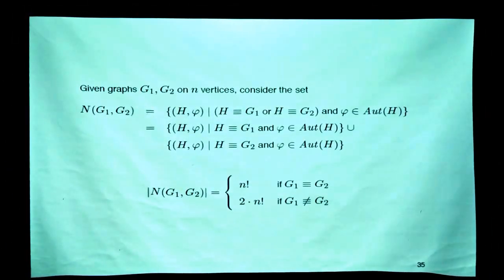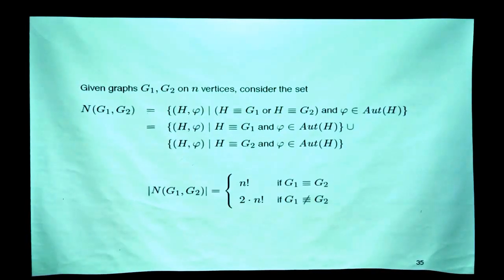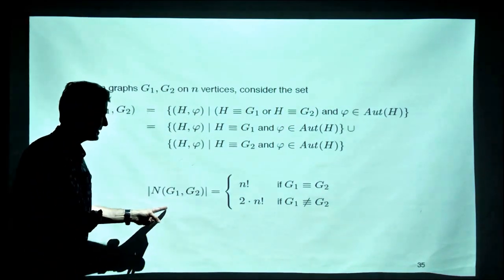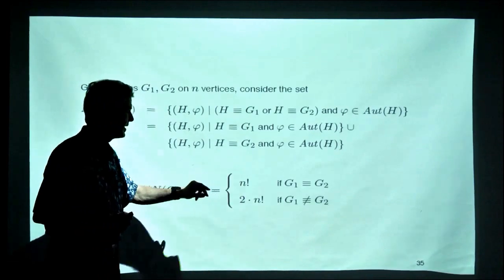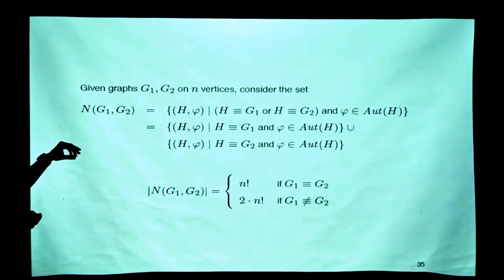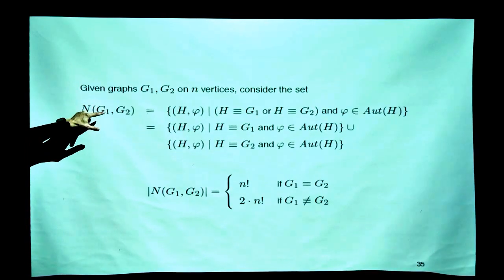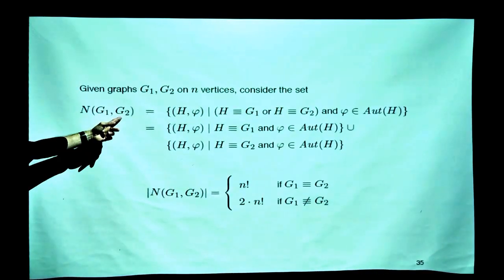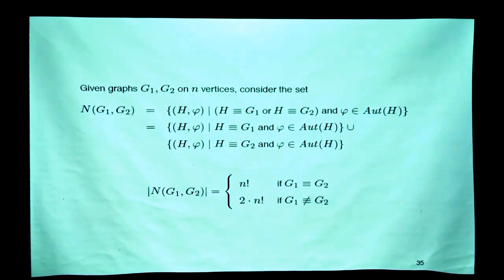And it's not very hard to see the cardinality: if the graphs are isomorphic, then for H you have basically only the set of labelings of G1, which is the same thing as the set of labelings of G2.